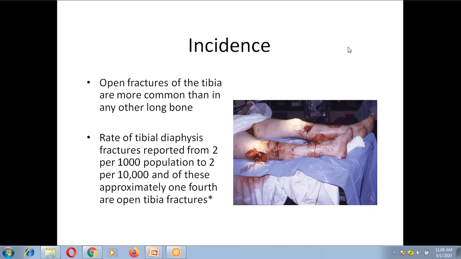The rate of tibial diaphysis fractures is reported from 2 per 1000 population to 2 per 10,000, and of these approximately one fourth are open tibial fractures.